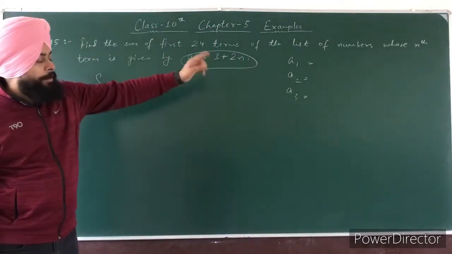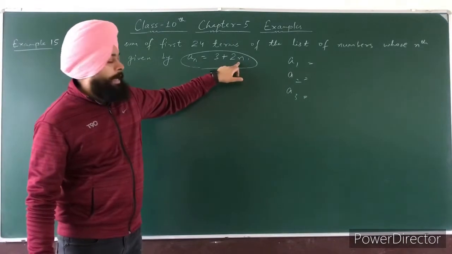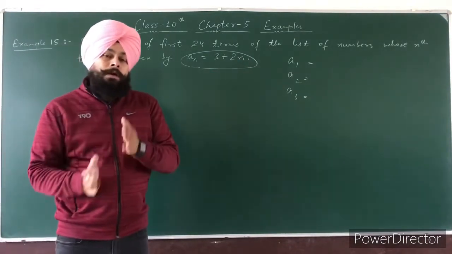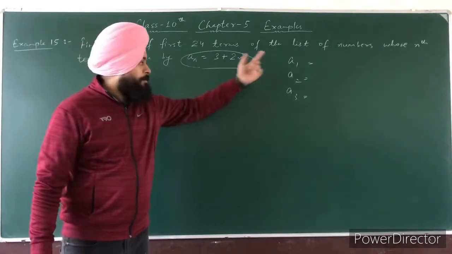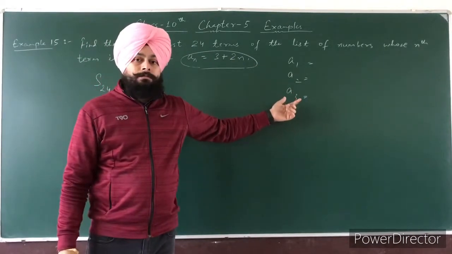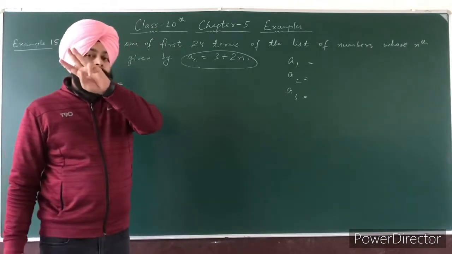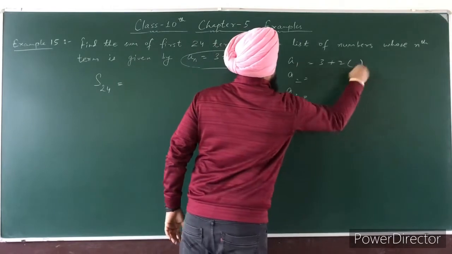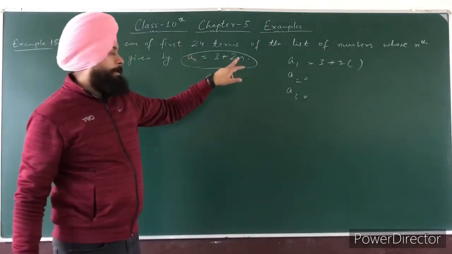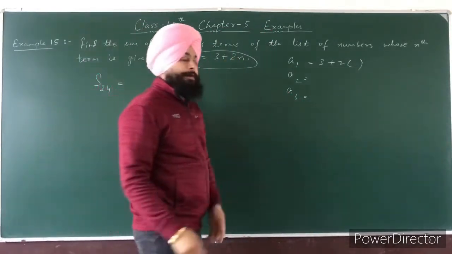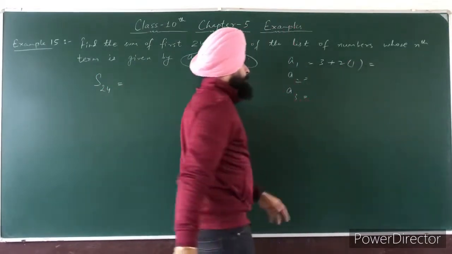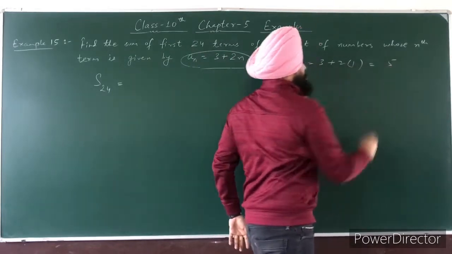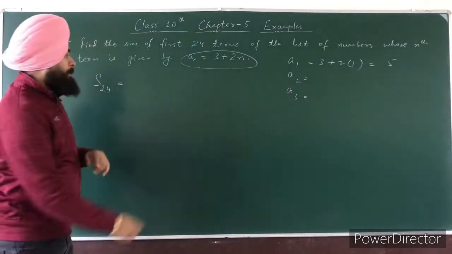To find a1, put n equal to 1. You are given the nth term in this question, so first find the first term, second term and third term. Put the value of n as 1 to find the first term. If you put 1, 2 ones are 2 and 2 plus 3 is 5. So a1 is 5.